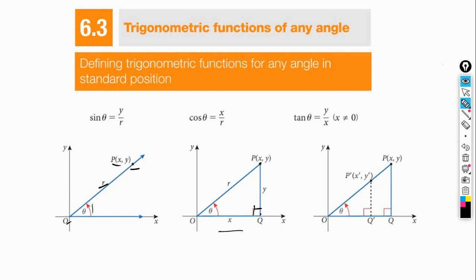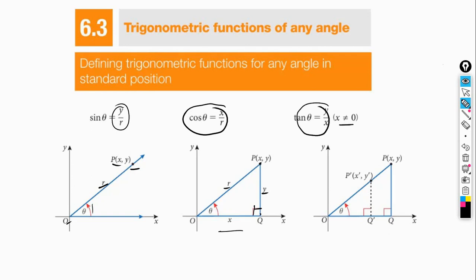So it follows that sine of theta is equal to y over r, opposite over hypotenuse. Cosine of theta is going to be x over r, and then tangent of theta is going to be y over x, as long as x is not equal to 0.